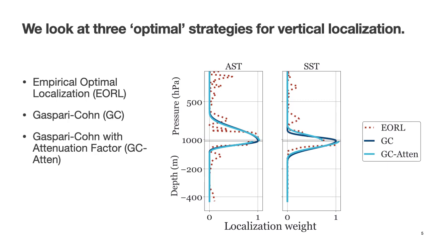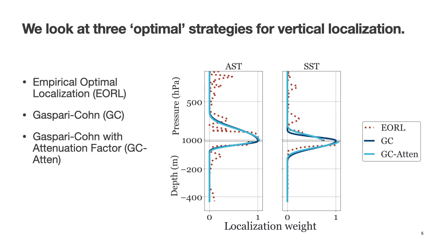If you've read Tobias's recent paper on empirical optimal localization, you might recognize this. It's heavily inspired by his work. However, he was looking at B matrix localization, and we're looking at R matrix localization. So that's where that EORL comes in. That R is for R matrix localization.